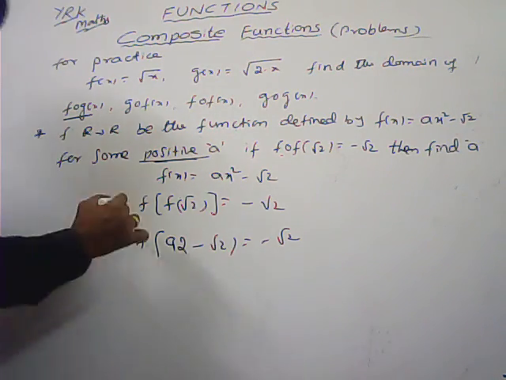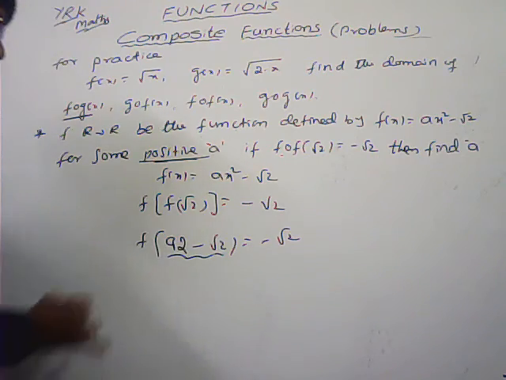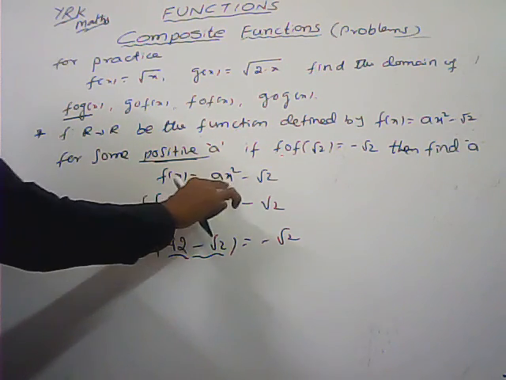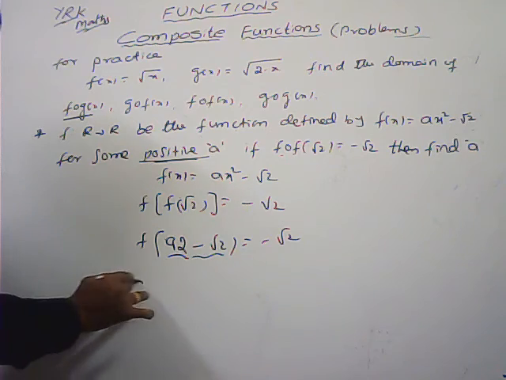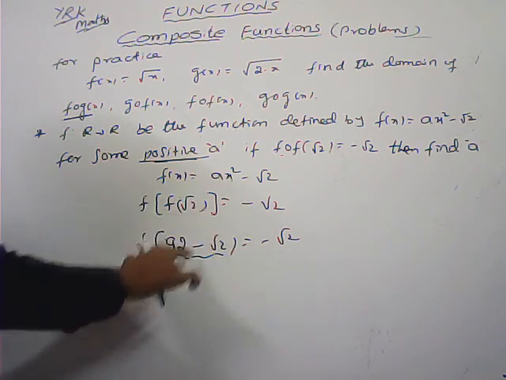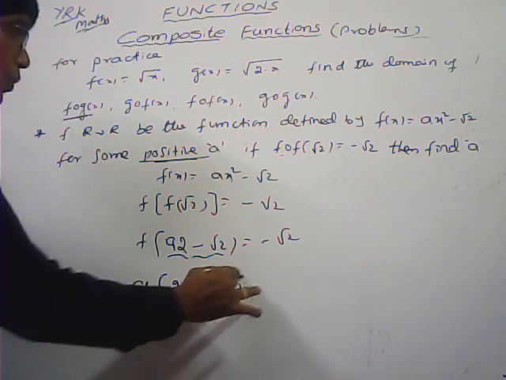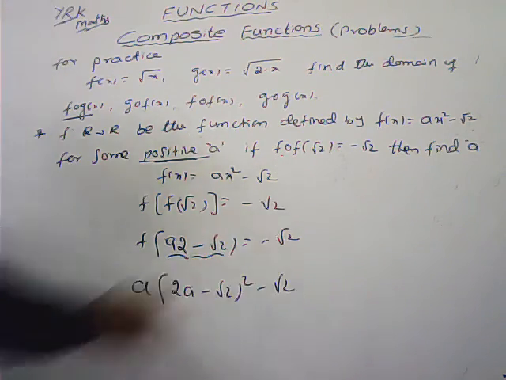Next, again this is in the form of f of x, f of x equals a x square minus root 2, a into, in the place of x you can replace that one, (2a minus root 2) whole square minus root 2.